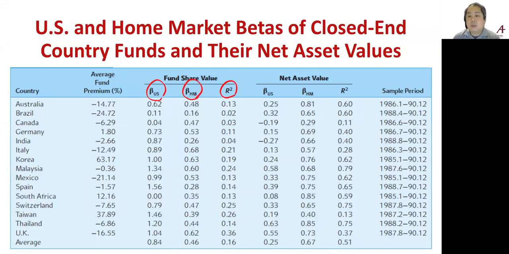It tends to have a substantially higher US beta than the underlying net asset values. The average US beta is 0.84 for CECFs, but only 0.25 for NAVs. On the other hand, the average home market beta is 0.46 for CECFs, whereas it is 0.67 for the NAVs.